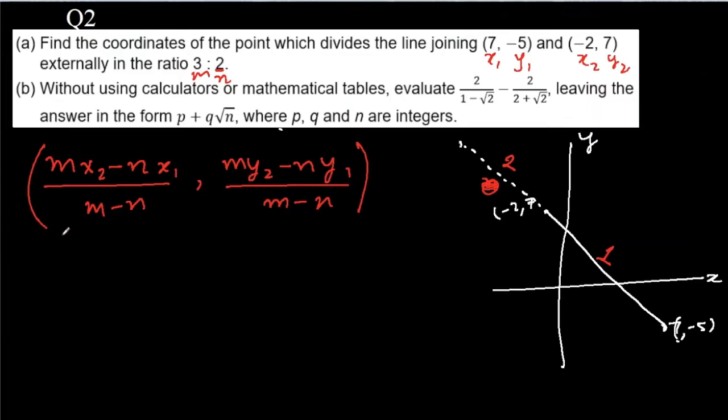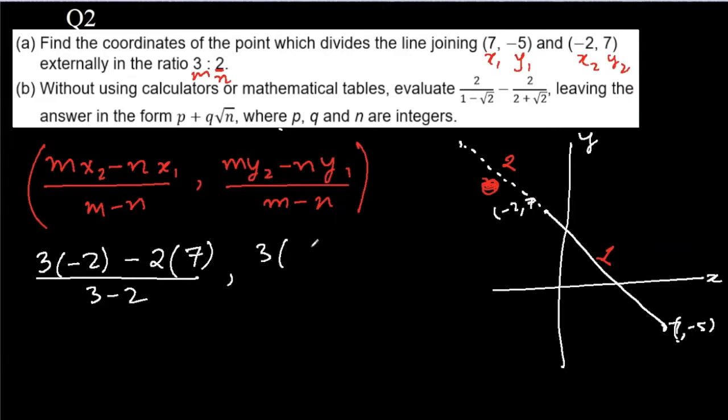So m is 3, times x2 which is minus 2, minus n which is 2, times x1 which is 7, over m minus n, 3 minus 2, comma, 3 times y2 which is 7, minus n which is 2, times minus 5, over 3 minus 2.